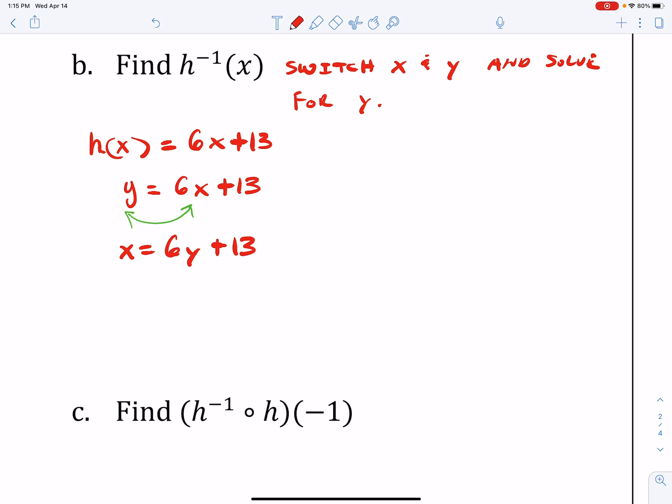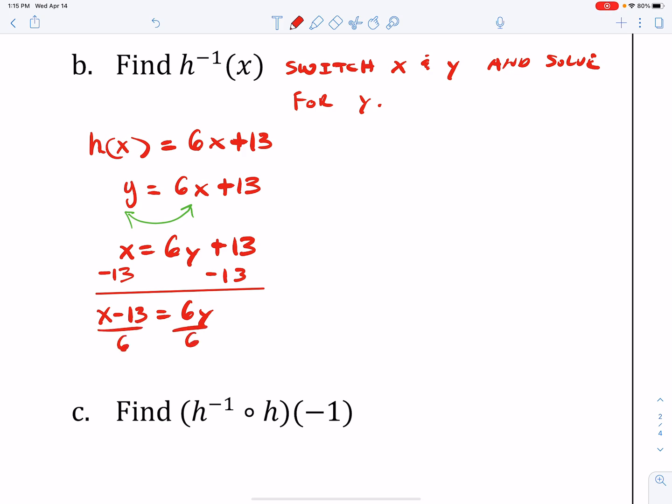Well, I want to solve for y because that's the inverse, right? This right here, if I can get what y equals, then that's the inverse of this. So what we need to do is move 13 over to the left-hand side. I will have x minus 13 equals 6y.